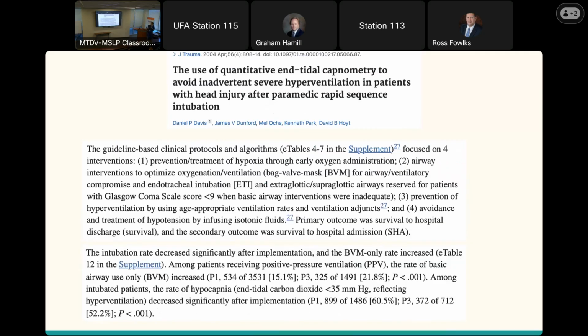Yeah, so this was one of the first studies that started to look at end-tidal back in 2004. So it started to get some data for the pre-hospital setting and TBI patients intubating.